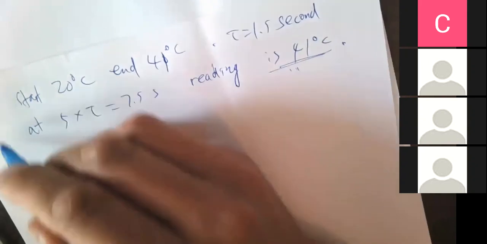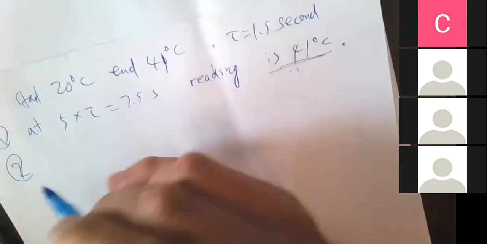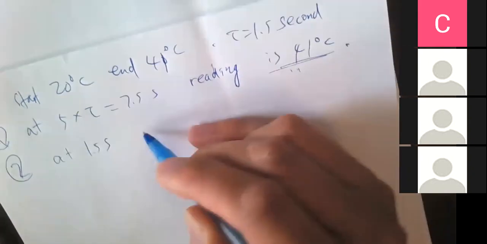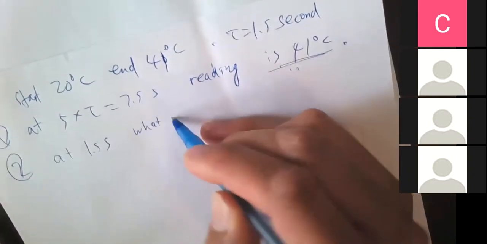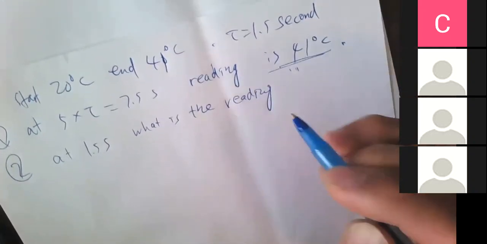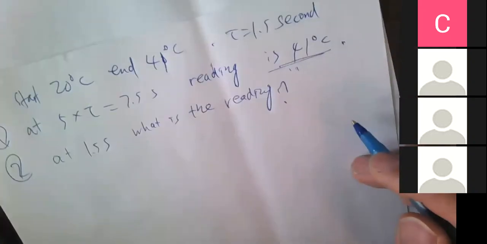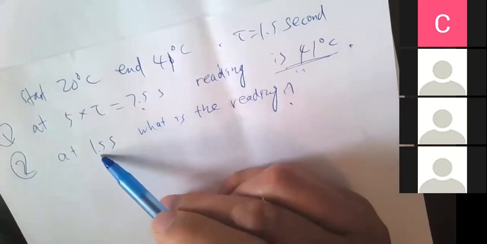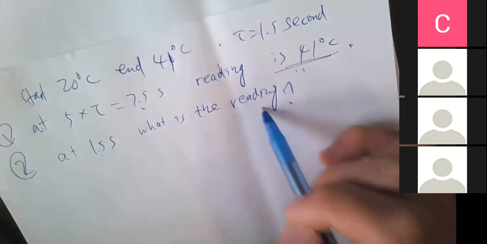This was question number 1. Question number 2: at 1.5 seconds, what is the reading? We know 7.5, but how about 1.5 seconds? What is the sensor's reading?